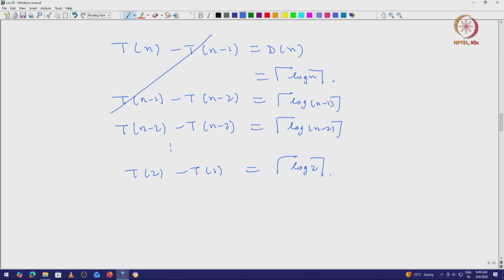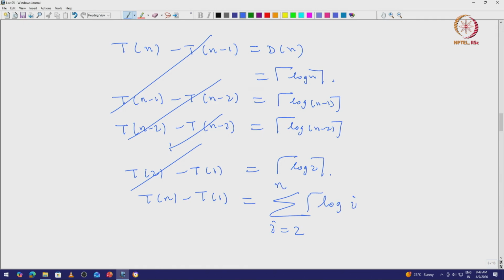So, when you add, you can see that these terms are getting cancelled. So, Tn minus T1 is sigma I going from 2 to n of ceil log I. Take the ceil log 2 plus log 3 up to log n, all these ought to be added, but T of 1 is 0.